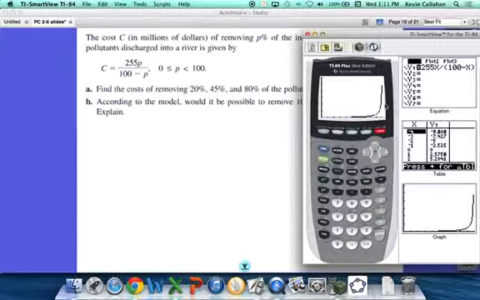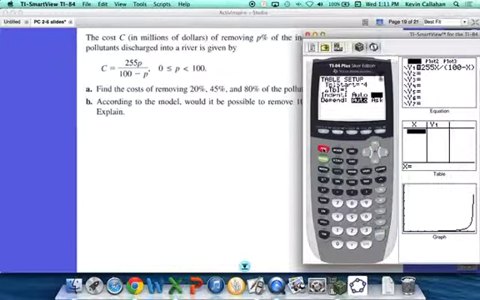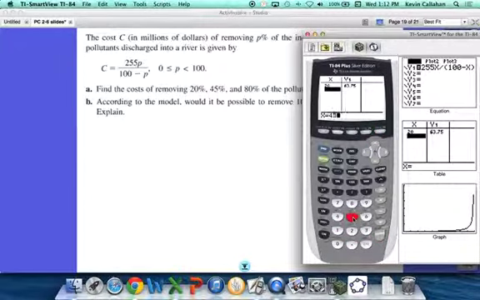Okay, now we want to find the cost of removing 20, 45, and 80%. So you could plug in one at a time, 20, 45, and 80. But since I already have it in the calculator, I'm going to let the calculator do that. Let me set my table set to the independent variable, meaning the x, to ask. And then when I go to my table of values, I can just put in 20, 45, and 80%.